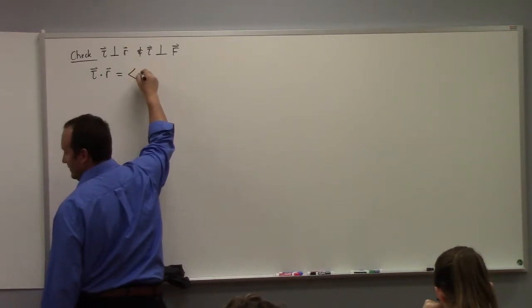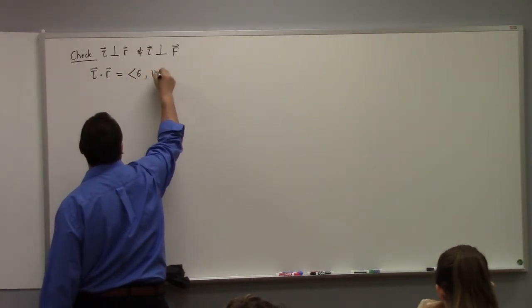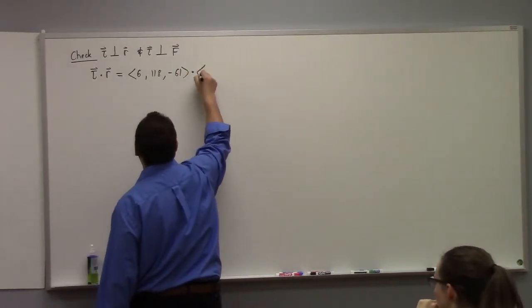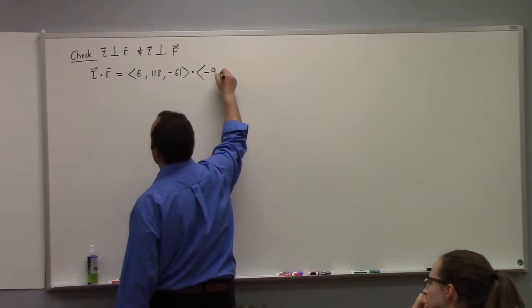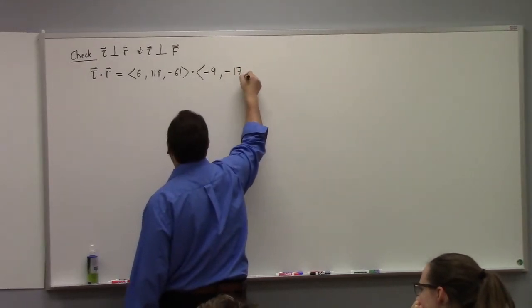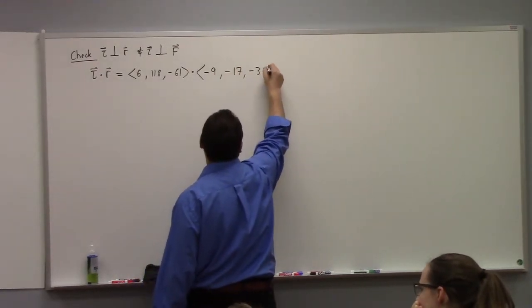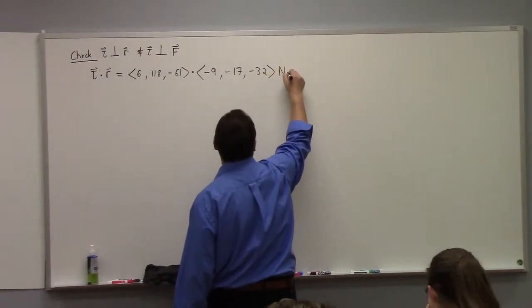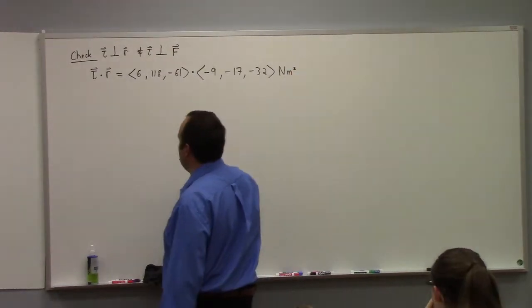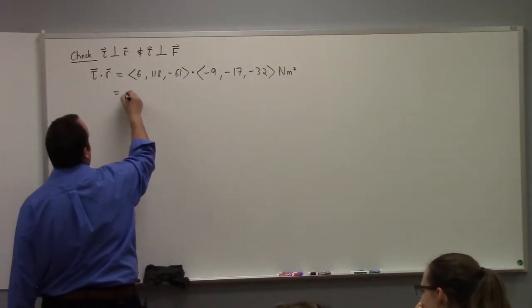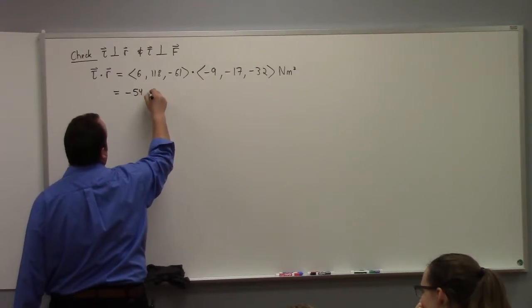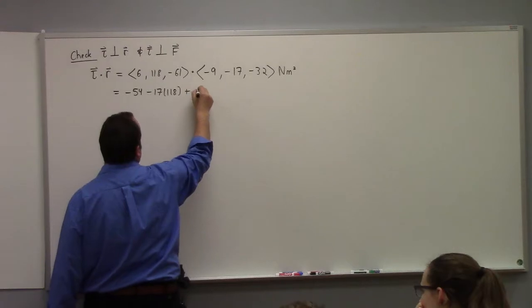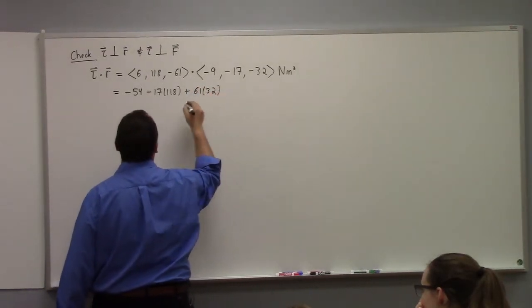So we've got 118, minus 61, dot product with what was my R, minus 9, minus 17, minus 32. And that gives you a Newton meter squared. In terms of the units, I don't really care about the units, but what's that give me?